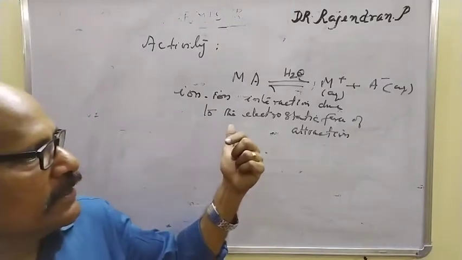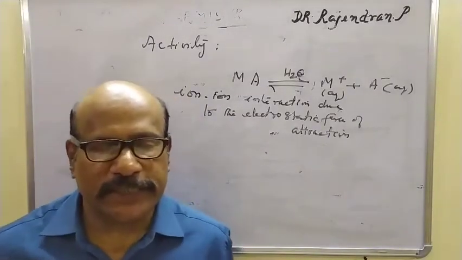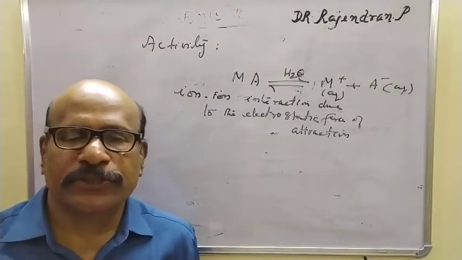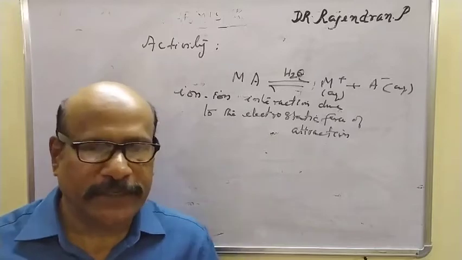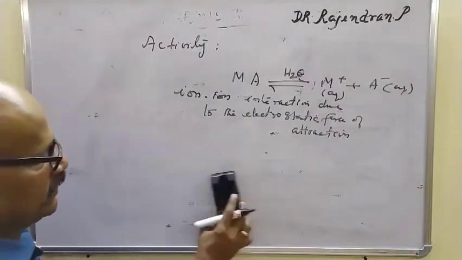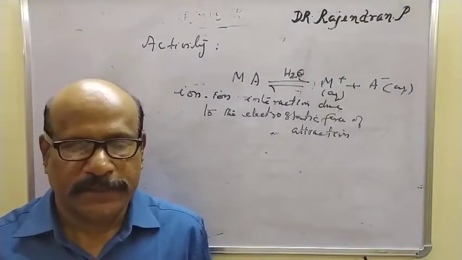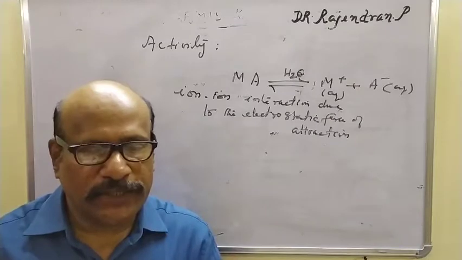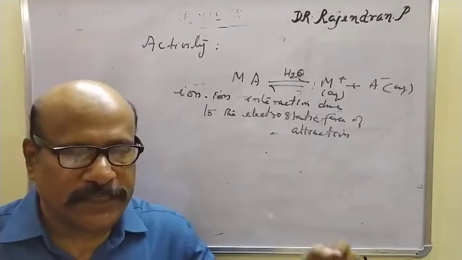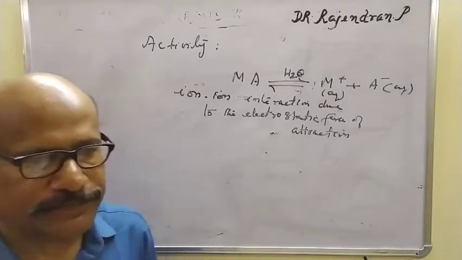The ion-ion interaction that arises from the electrostatic force of attraction will produce a minor change in the stoichiometric concentration of any electrolyte in the solution. So in the case of an electrolyte in solution, its actual or effective concentration is slightly different from the stoichiometric concentration.